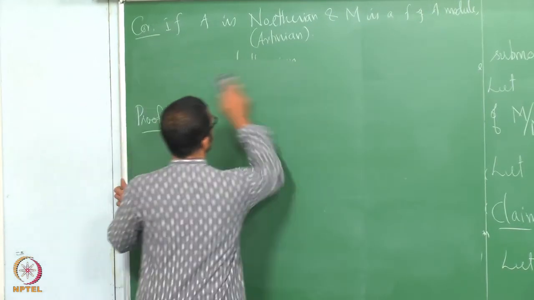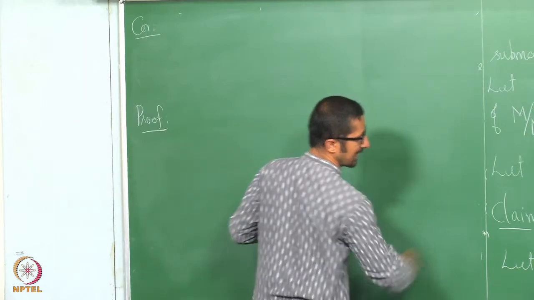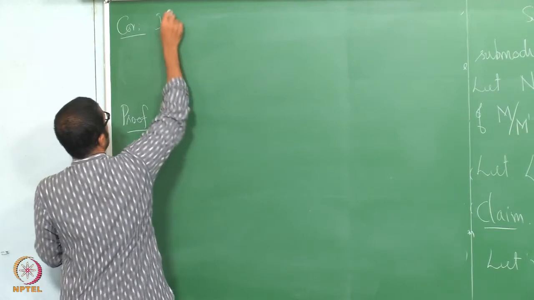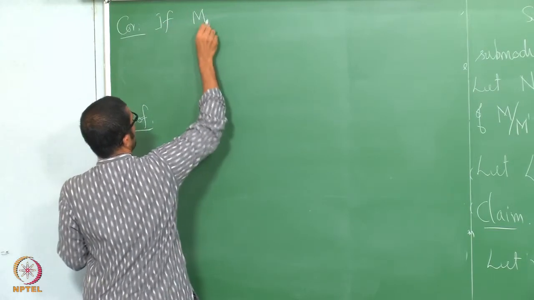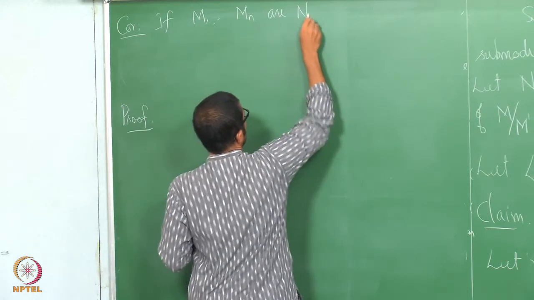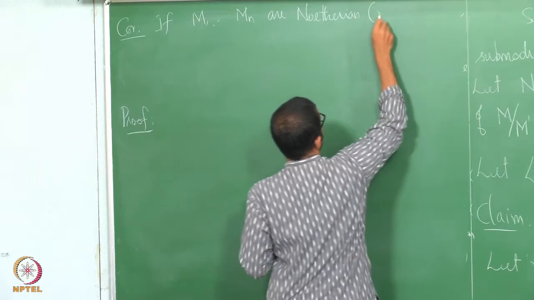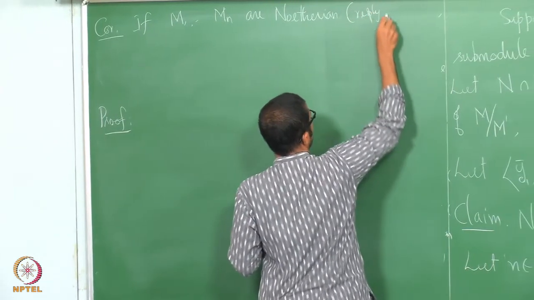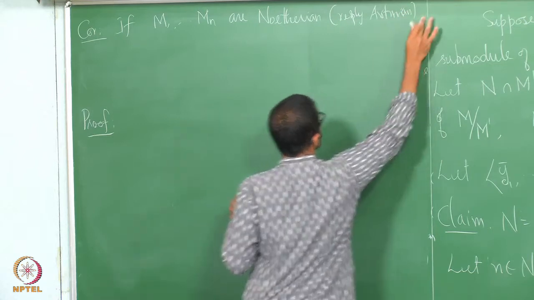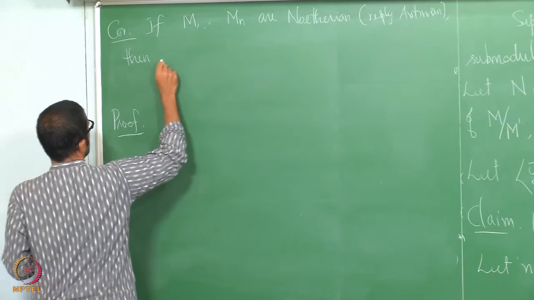Let me. This is a corollary of the previous, the exact sequence result. If M1 up to Mn are Noetherian, respectively Artinian, then so is their direct sum.